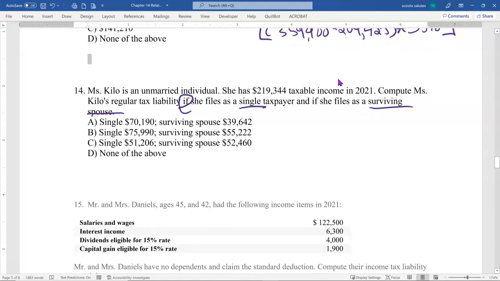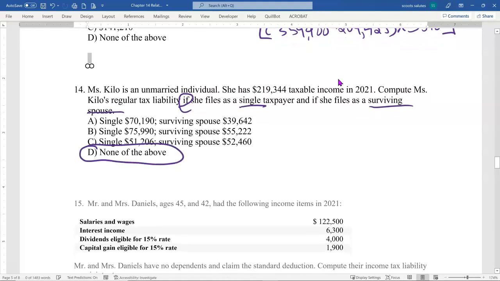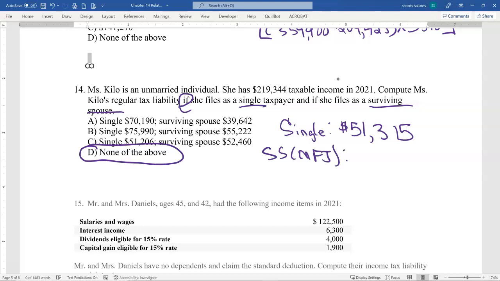Okay, and the solution here is actually none of the above. So if single, I came up with $51,315. If surviving spouse, or another way to look at it, if we used the married filing jointly tables, I came up with $40,684. But what they wanted us to see here is filing status does make a difference.